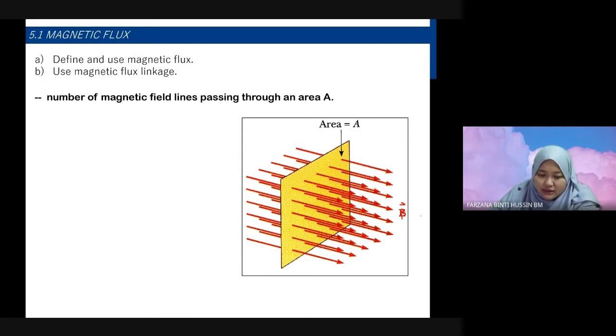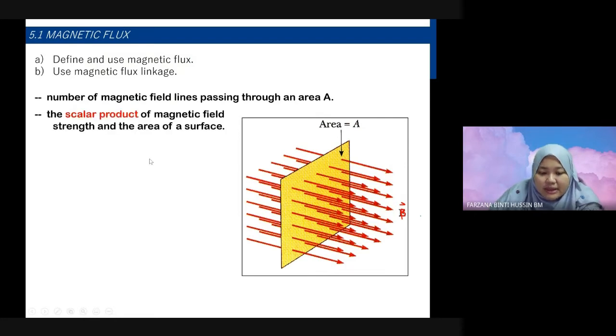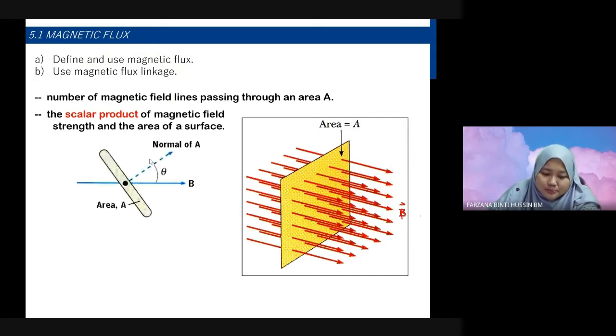Please correct it in your lecture notes. It is known as the scalar product between the magnetic field strength vector and the area of the surface. Magnetic flux is represented by the symbol phi, so phi is equal to the vector magnetic field dot with area.